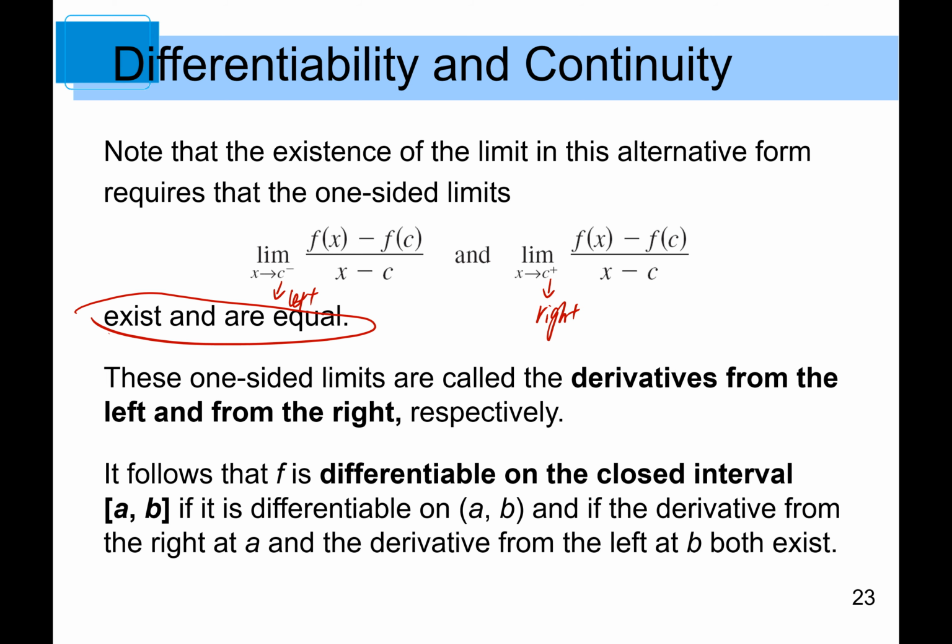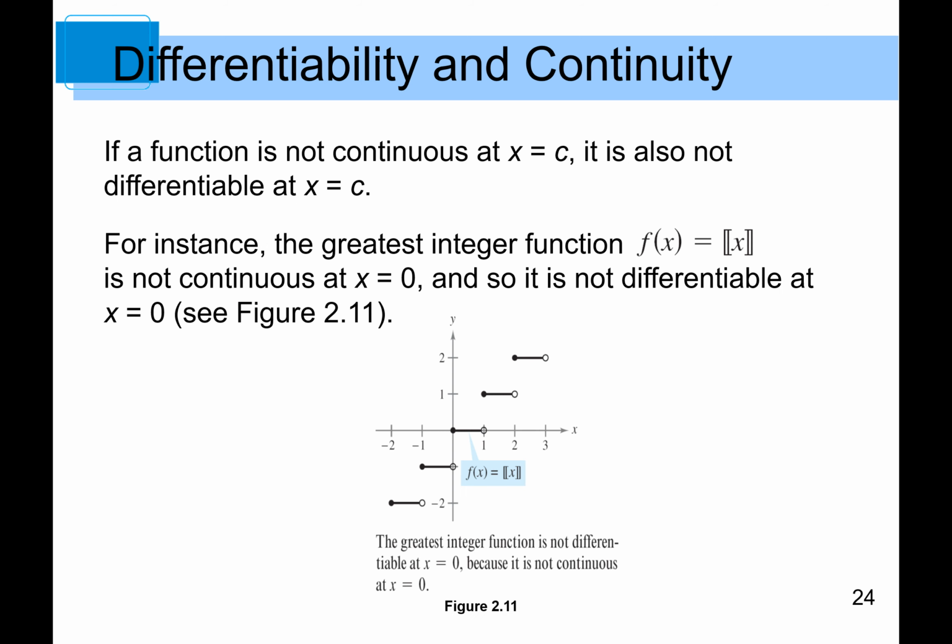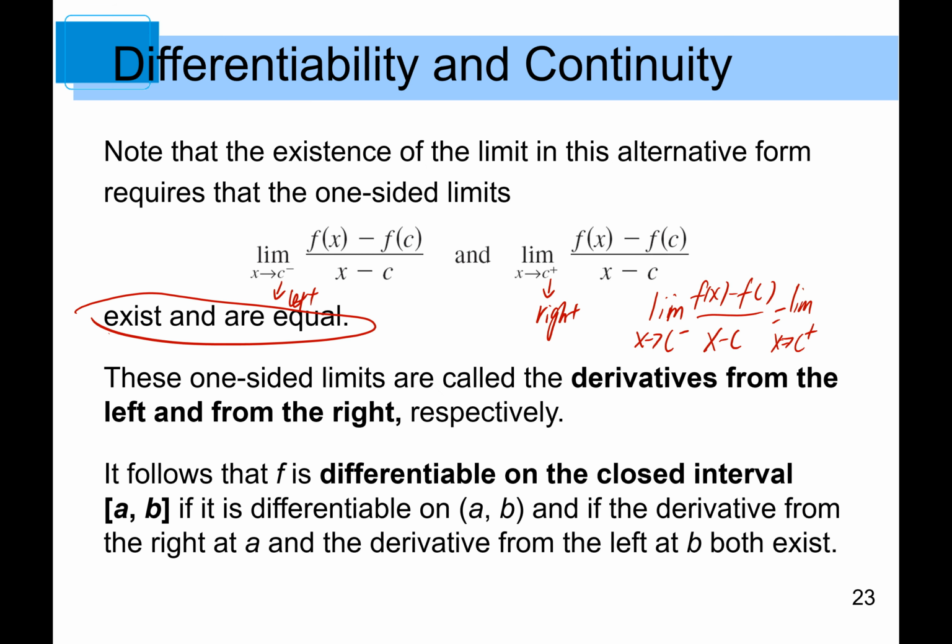So the limit as x approaches c from the left of f of x minus f of c over x minus c must equal the limit as x approaches c from the right. These one-sided limits are called derivatives from the left and from the right, respectively.